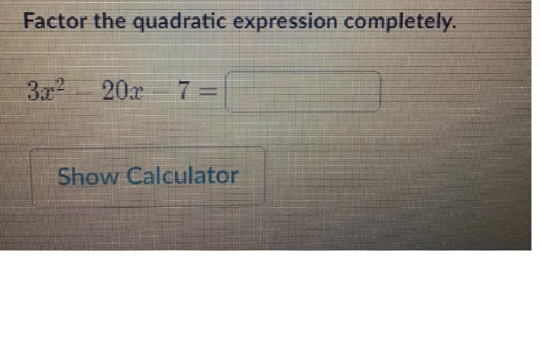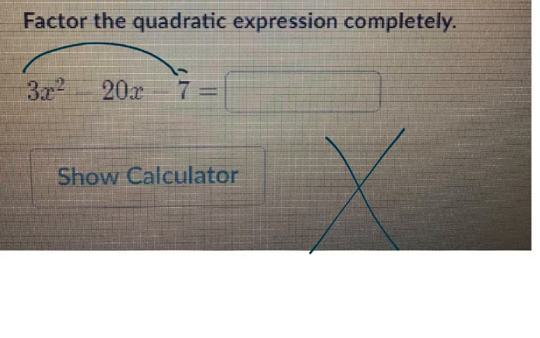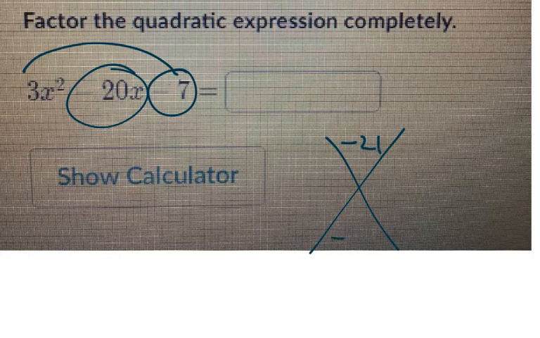Okay. Now, I want to do at least one more of these. This is a good X method factoring kind of problem, okay? So I'm going to do my X. I know 3 times, watch your sign, minus 7 is negative 21. I need a negative 20 in the middle. How am I going to make this happen? 1 times 21 is 21. 1 minus 21 is negative 20.